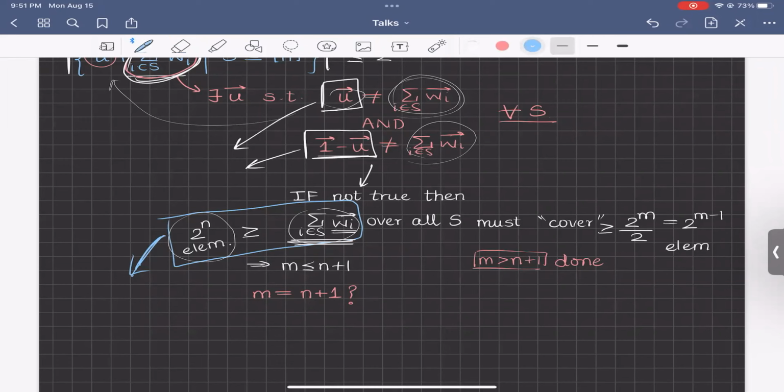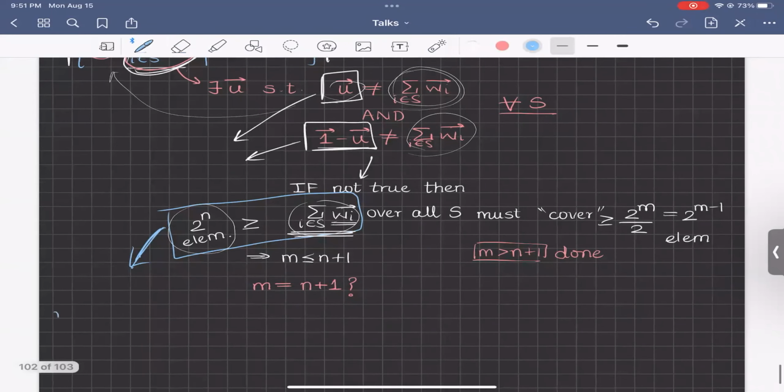So okay, right now, where are we? We are at this stage where we're focusing on m is equal to n plus 1, because we already have a contradiction for m strictly more. And it must be the case that 2 to the n is the cardinality of all these different summations.